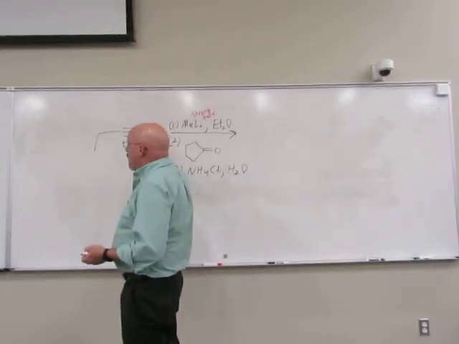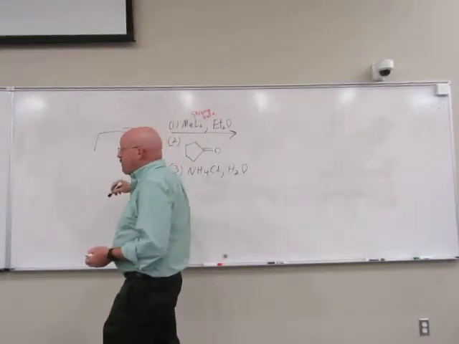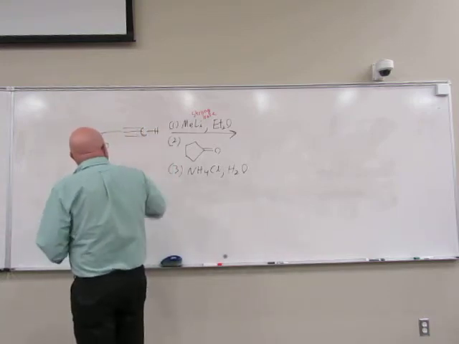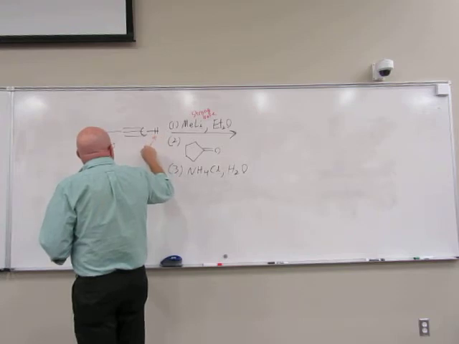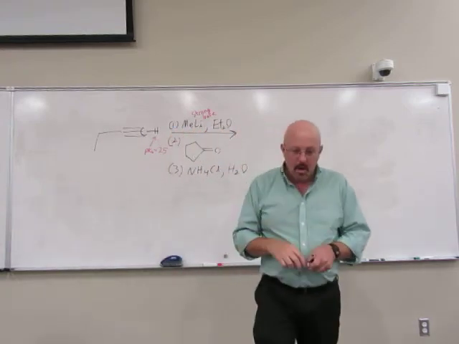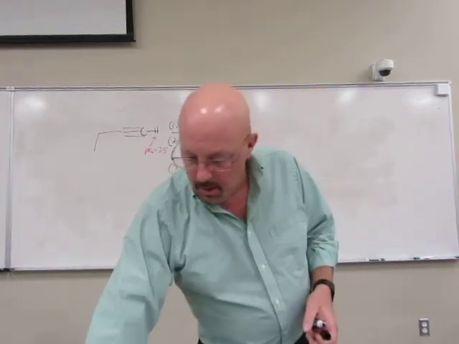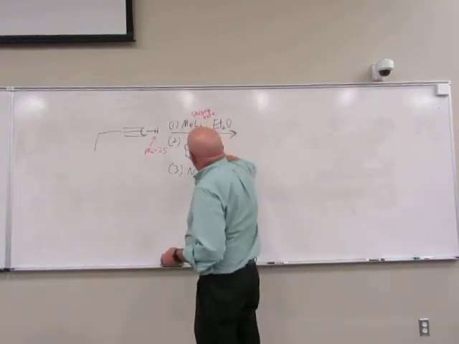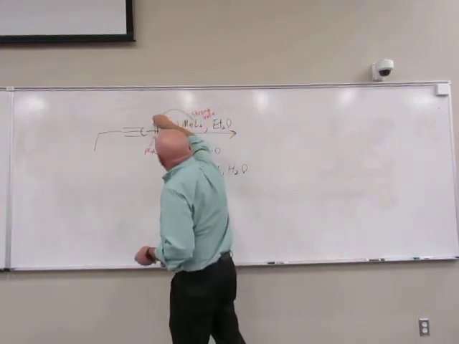Alkynes, a terminal alkyne is acidic. That has a pKa of 25. So this carbon here does have a hydrogen off that has a pKa of 25. So that is acidic. Now, our methyl lithium is going to come and grab that acidic hydrogen.